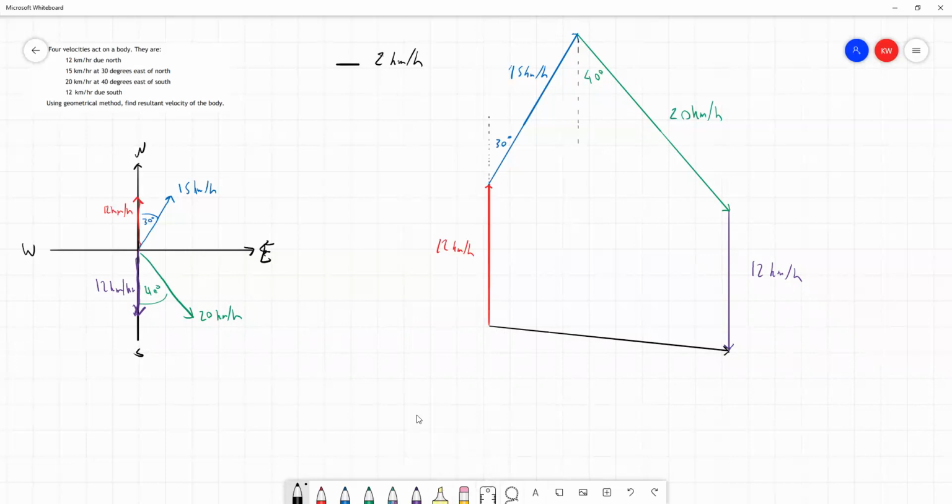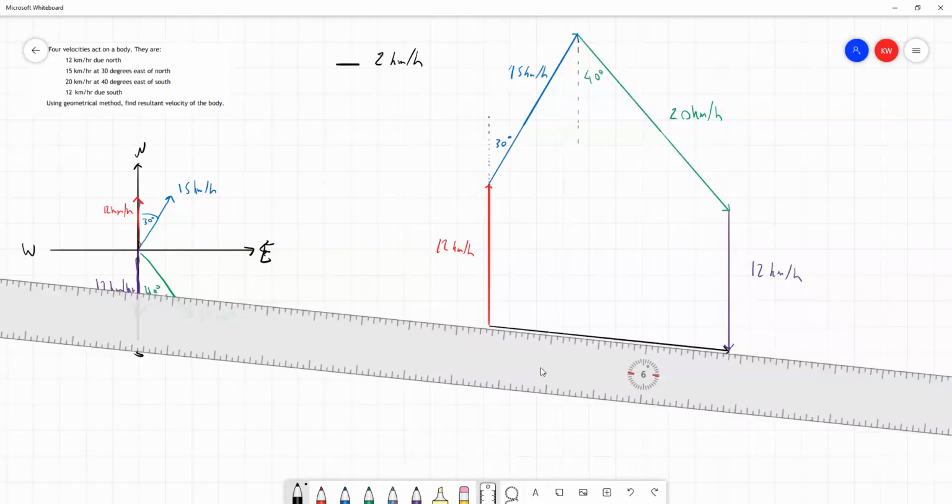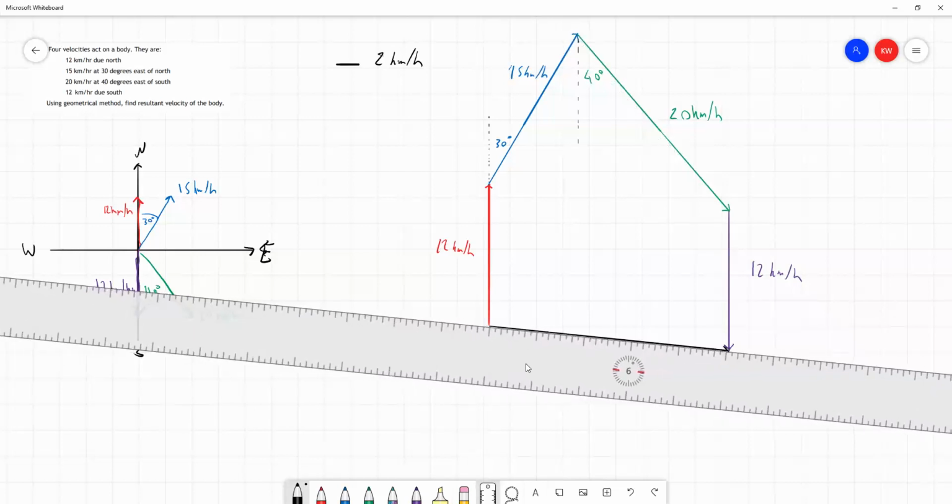So you're drawing a straight line, and then what you do is measure it. I'm going to line up my ruler as best I can, and it looks to me like I've got 1, 2, 3, 4, 5, 6, 7, 8, 9, 10 and a bit intervals here. So that looks about right.